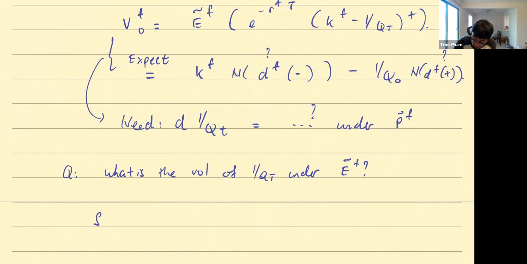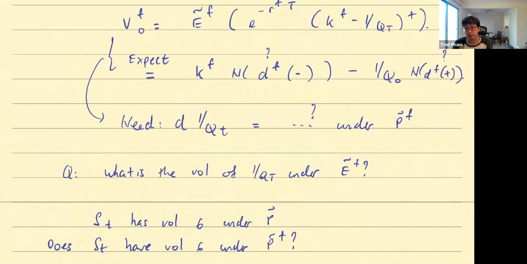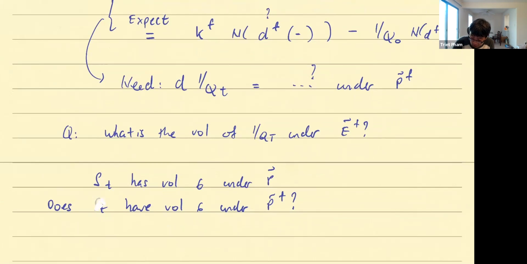Another question, sort of connected with this but not the same, is this. Suppose I have a stock ST that has volatility sigma under P tilde. Does ST have volatility sigma under P tilde F? This is probably nonsense. I have to convert. So does ST over QT have volatility sigma under P tilde F?